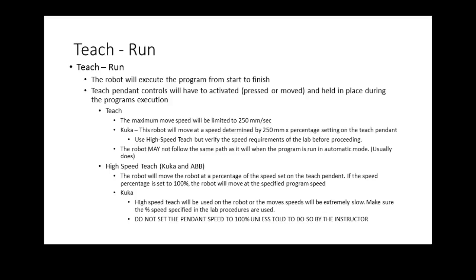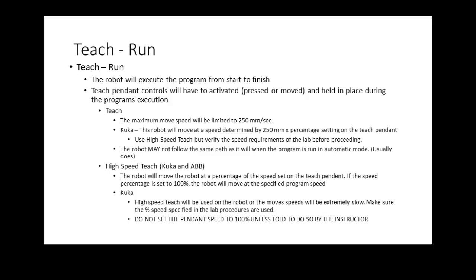The KUKA robot, what they do on a low-speed teach is they limit the speed of the robot to 250 millimeters per second. So what that means is if you put in a 1,000 millimeter per second move and you run it in slow speed teach, it's not going to move over what? 250 millimeters per second.